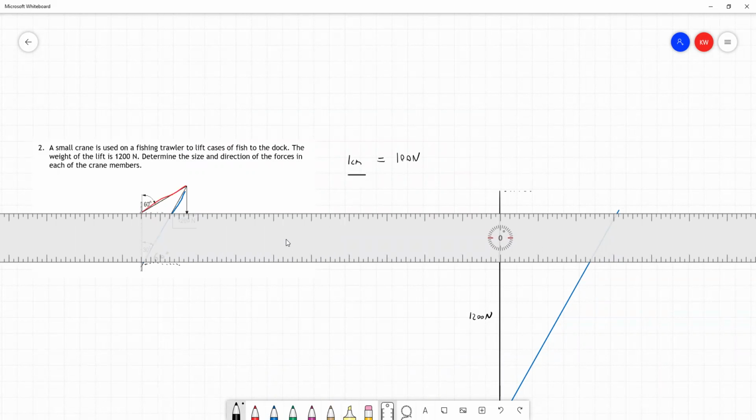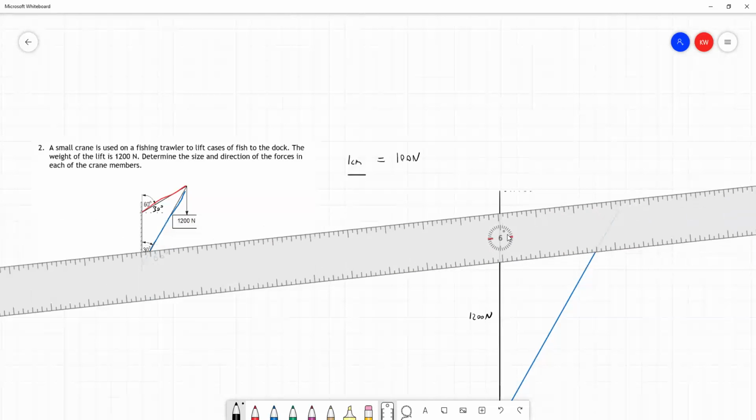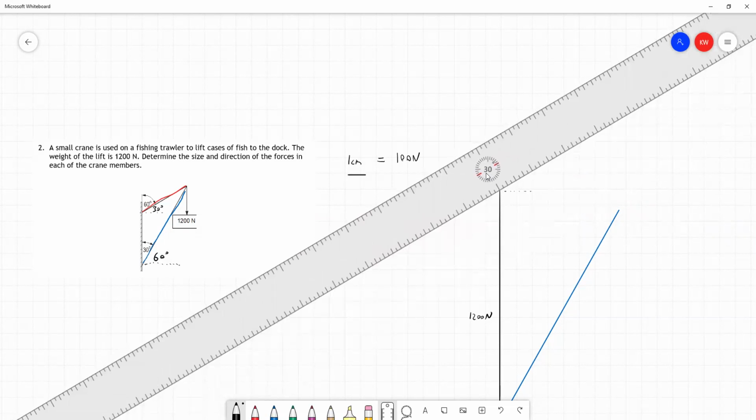And of course, there's nothing to stop you measuring 60 degrees round from the vertical line, but sometimes it's easier to measure up from the horizontal. So this angle here must be 30 to make a right angle. So I'll measure up 30 using this special ruler that we have on the whiteboard. And again, I'll draw a red line in here.